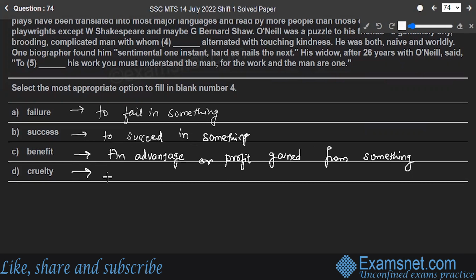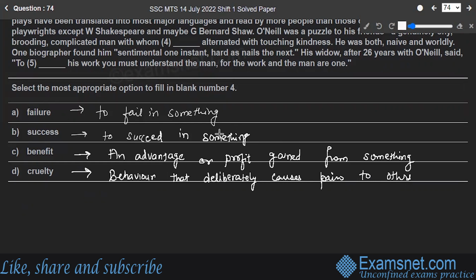Then is the word cruelty, which means behavior that deliberately causes pain or any distress to others.